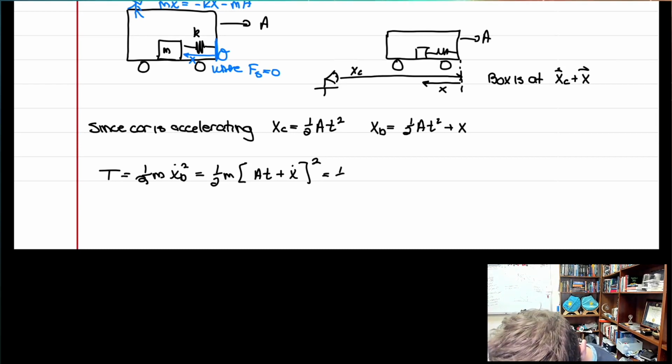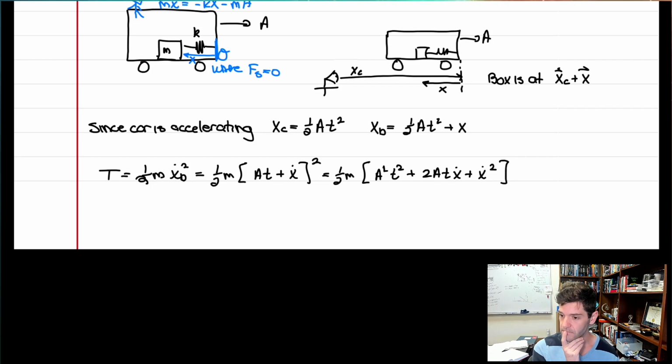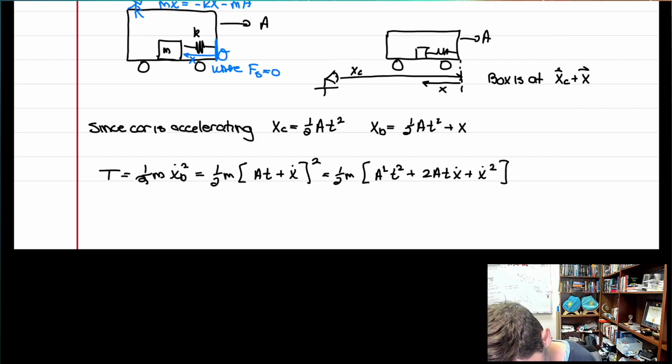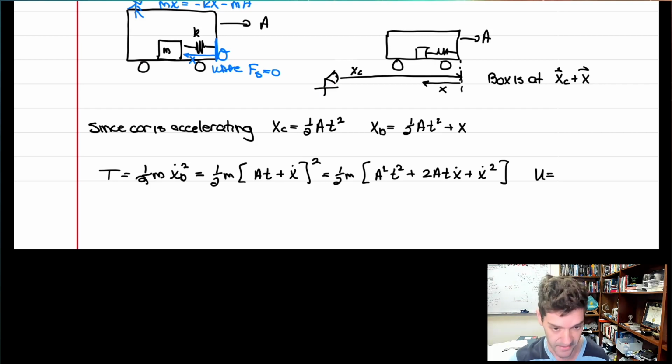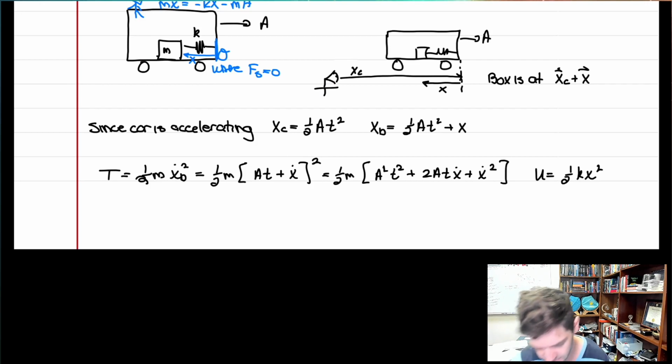Or if I multiply that entire thing out, 1/2 m (a squared t squared plus 2 a t x dot plus x dot squared). Then the potential energy, since it's just coming from the spring, and the spring is not stretched or compressed at the front of the car, is just going to be 1/2 k little x squared. Again, this coordinate choice makes my life simpler, and it's easy to write down the potential energy.